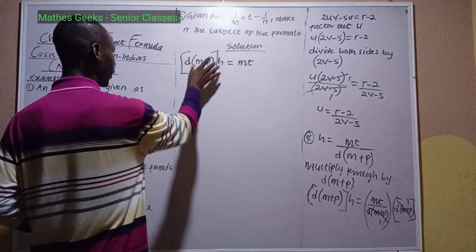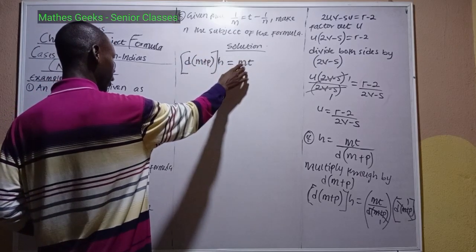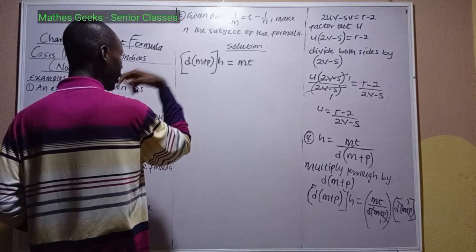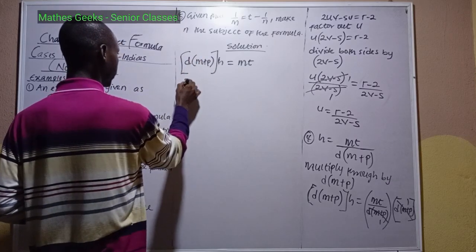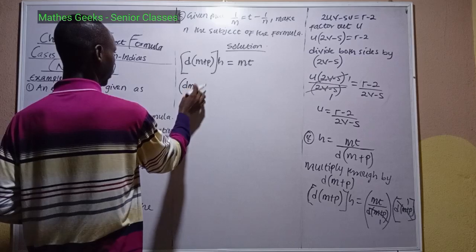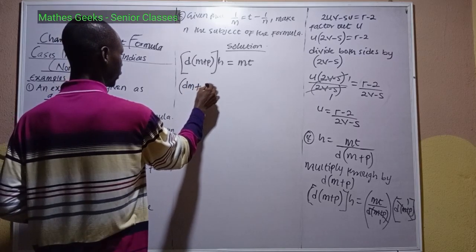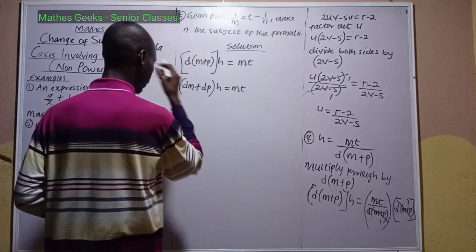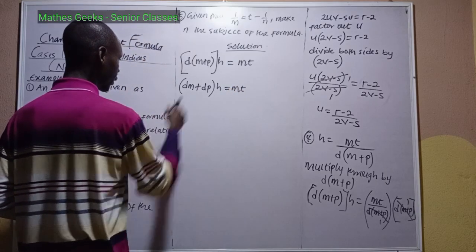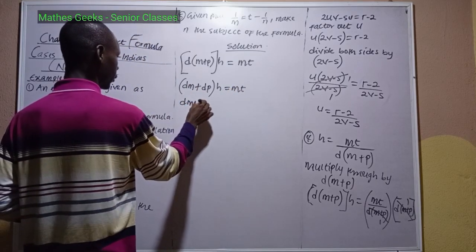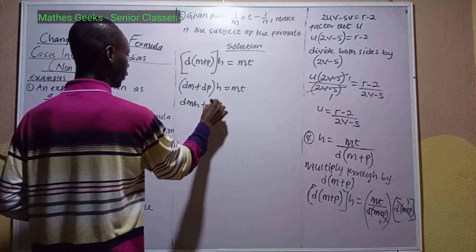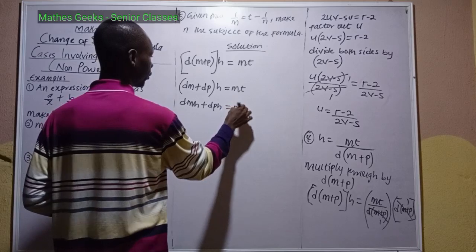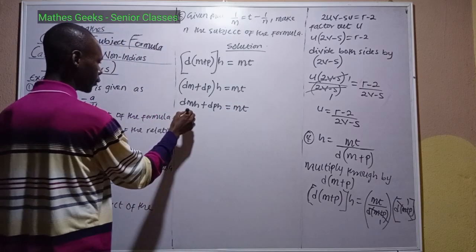Since what we want is to make sure the formula is also here as it is here, the next thing we're going to do is to open this bracket. hdn plus hdp is equal to nc. So hdn plus hdp is equal to nc. So collect terms in n together.